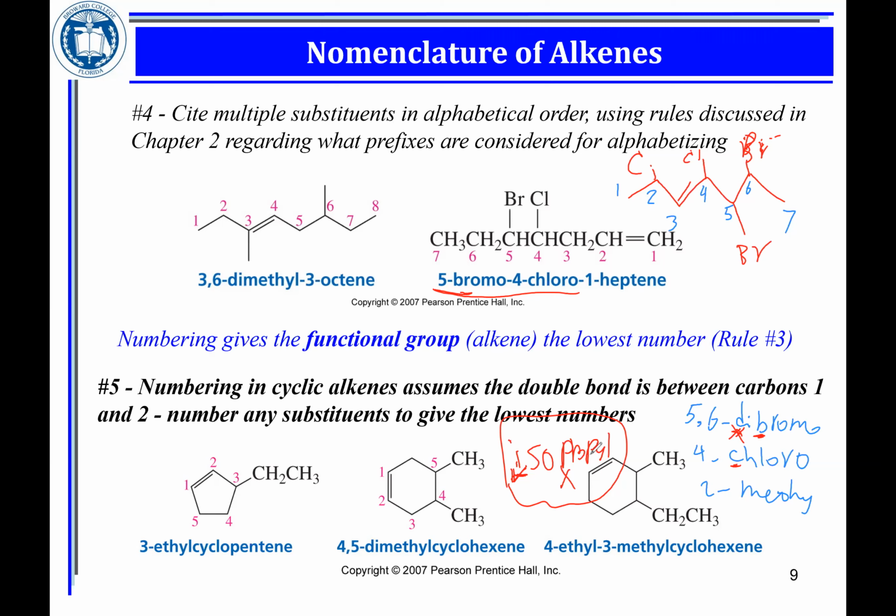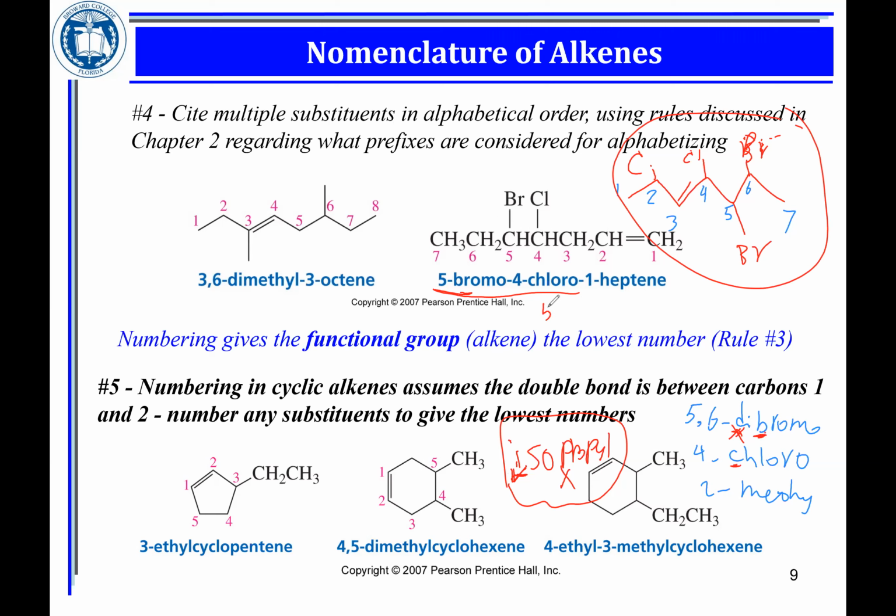Sure. So the name for this compound that I have in the red color is very similar to this, with a slight difference. We have to give the locations and place the branches in alphabetic order, because bromo comes before chloro.